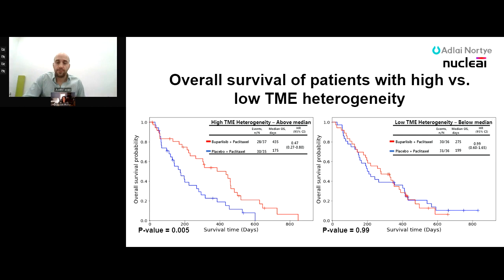So one observation that we made was tumor microenvironment heterogeneity. What that means is there's a high diversity of immune cell types within the tumor microenvironment compared to a low heterogeneity, so a more consistent cell type. And again, to preface, these are all from the archival H&E slides, so what the patient's tumor looked like when they were diagnosed.